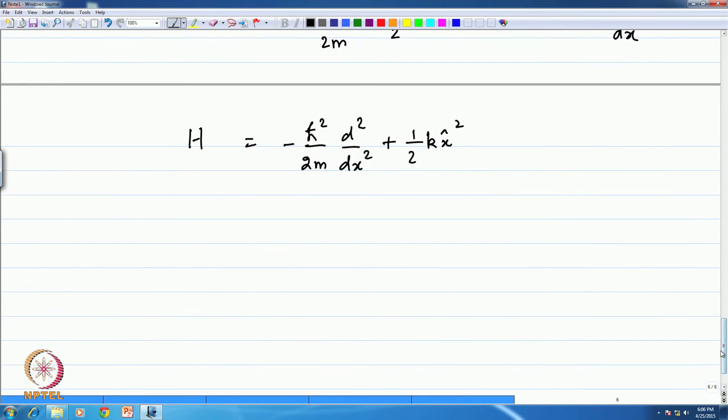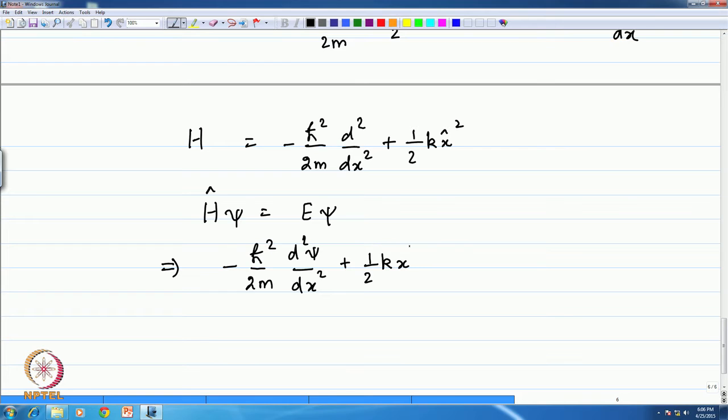Therefore, the solution that you have to obtain is the solution of H psi equal to E psi, which is the solution of the differential equation, namely minus h bar square by 2m d square psi by dx square plus half k x square psi minus E psi is equal to 0.